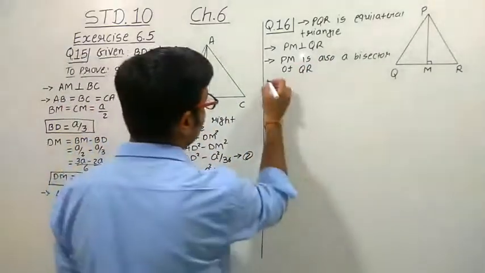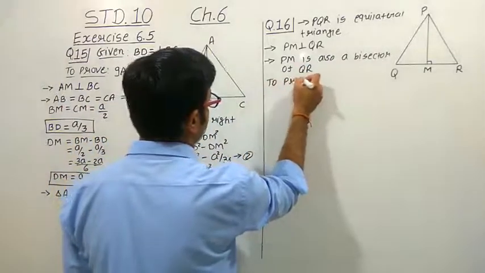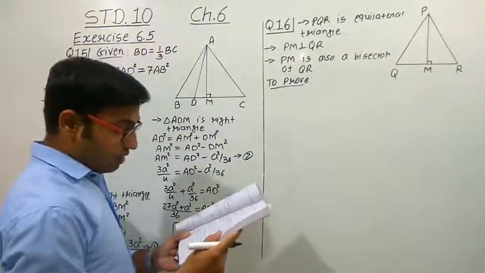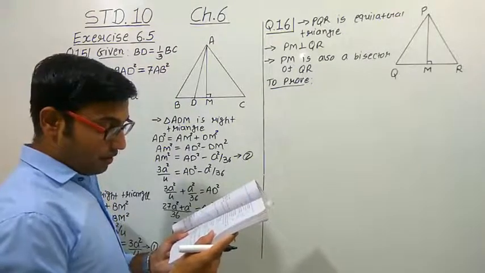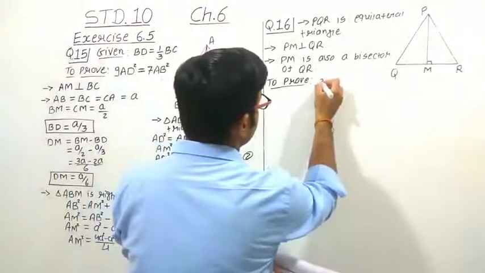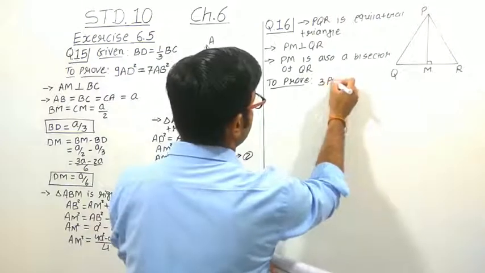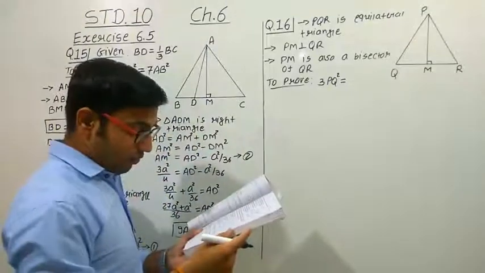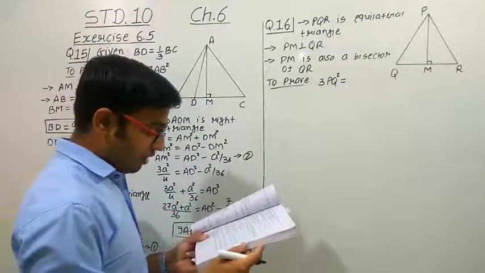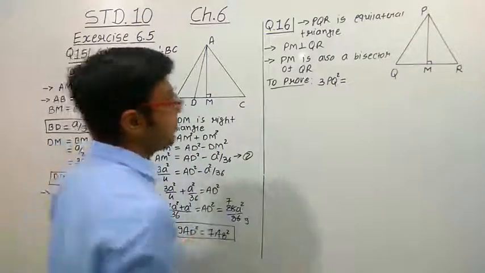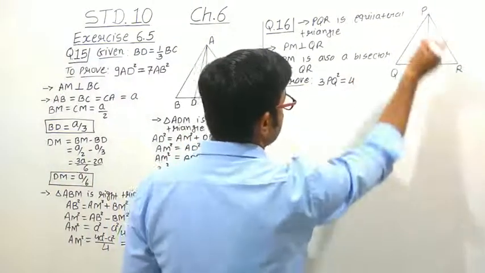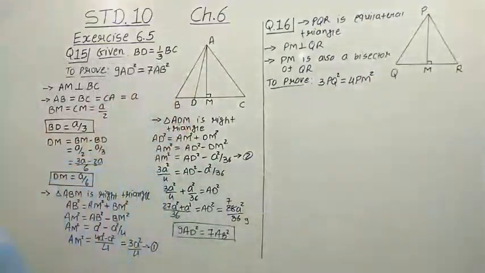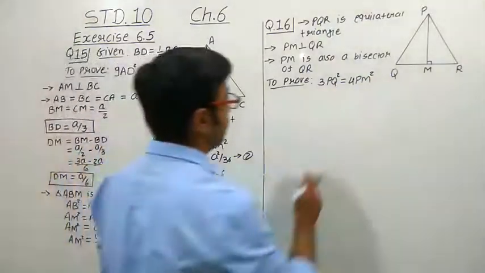So what we have to prove here is that 3 times the square of one side, suppose we take one side PQ square, is equal to 4 times the square of its altitude, that is 4 PM square. So this we have to prove here, right?